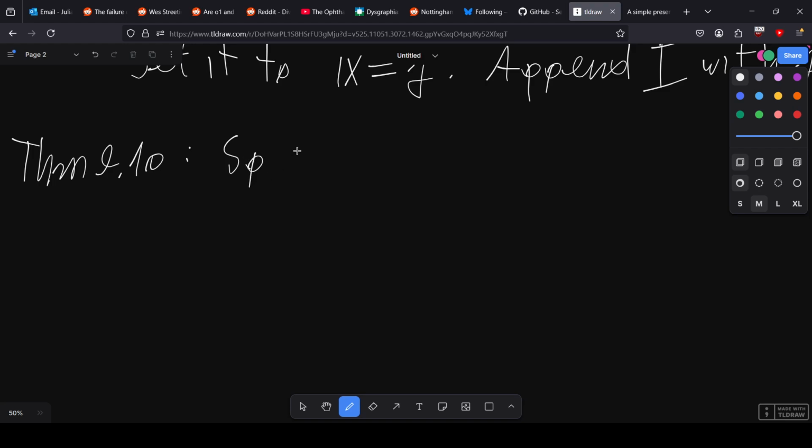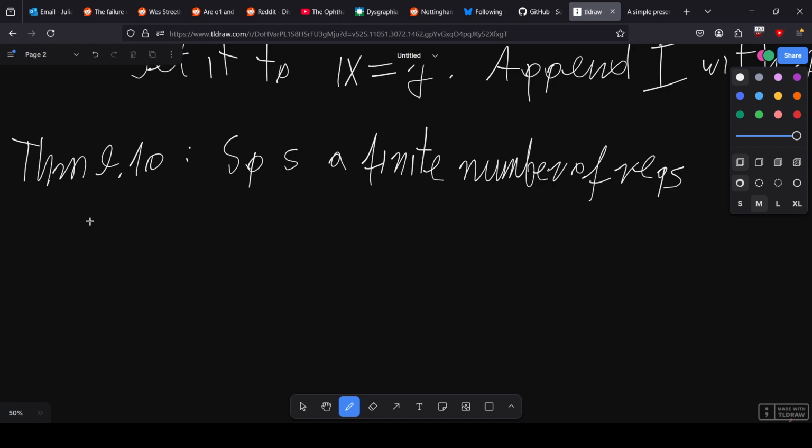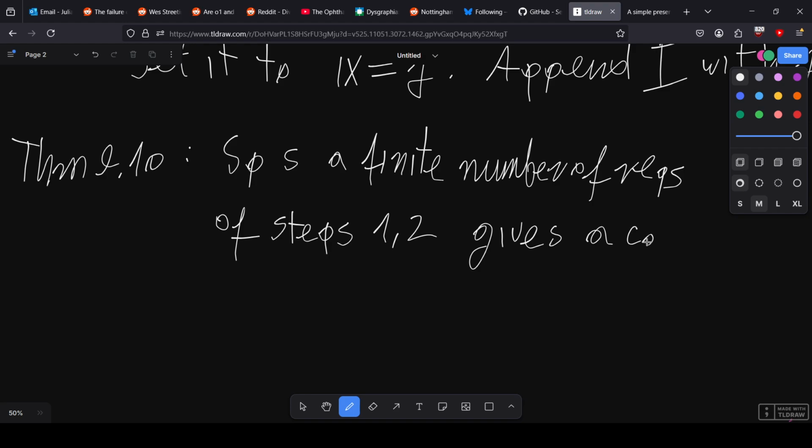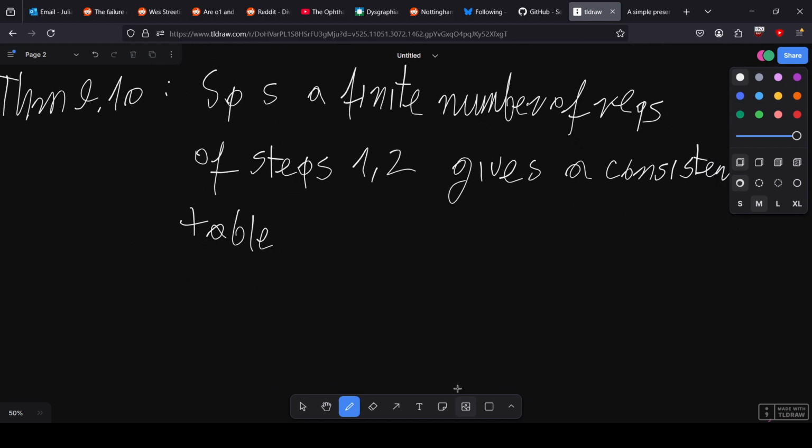So, suppose a finite number of repetitions of steps 1, 2 gives a consistent table. Consistent in this case meaning entirely compliant with the 4 rules that we have given earlier.